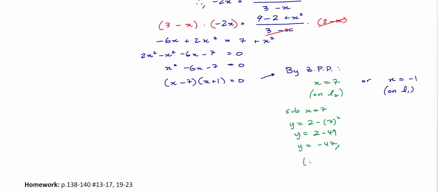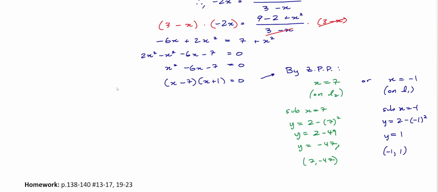So 7, negative 47 is one point. And then same thing here. I sub x is equal to negative 1. y is equal to 2 minus negative 1 squared. y is equal to 1. So negative 1, 1 is my other point.